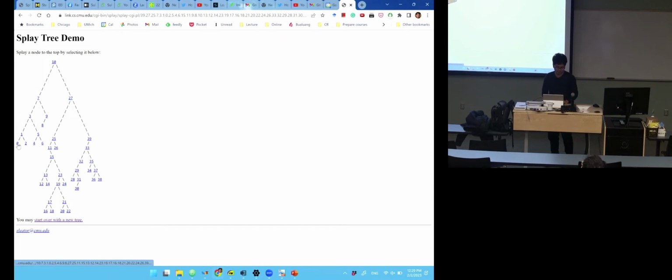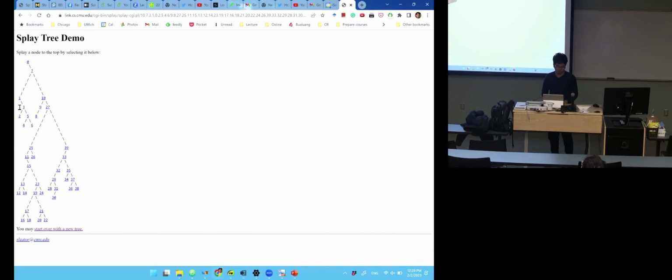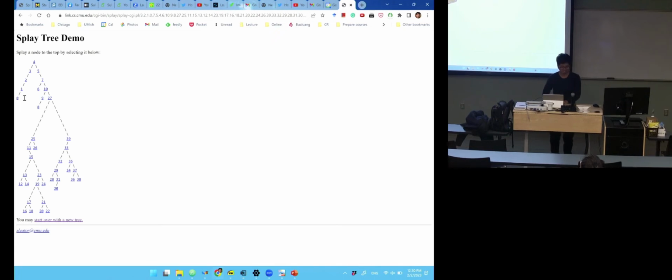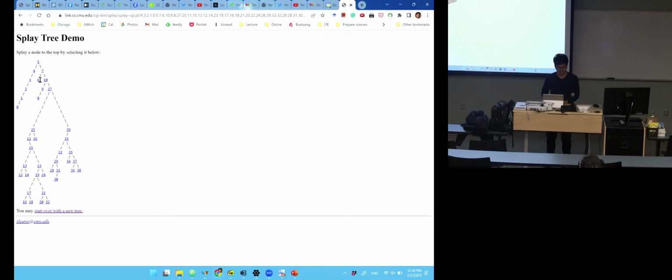And can someone tell me what is the worst case lookup time for Splay? I'll keep playing until you answer. Would it be 11? Yeah. Why again? Because if it's the first scenario where it's all in one line, it would be 11. Yeah, exactly.